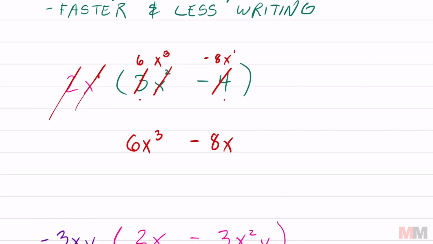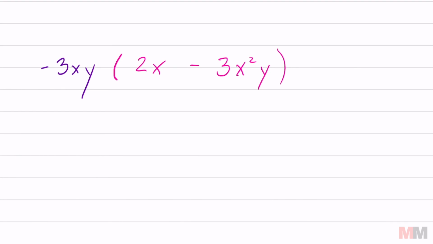So let's practice the new school method. Less work, shorter, faster. That's what I'm all about. And this is really going to help you. The variables, if they don't have exponents, just put a 1 on all of them. It's going to help you visually see what's going on better. So let's start with the coefficients, -3.